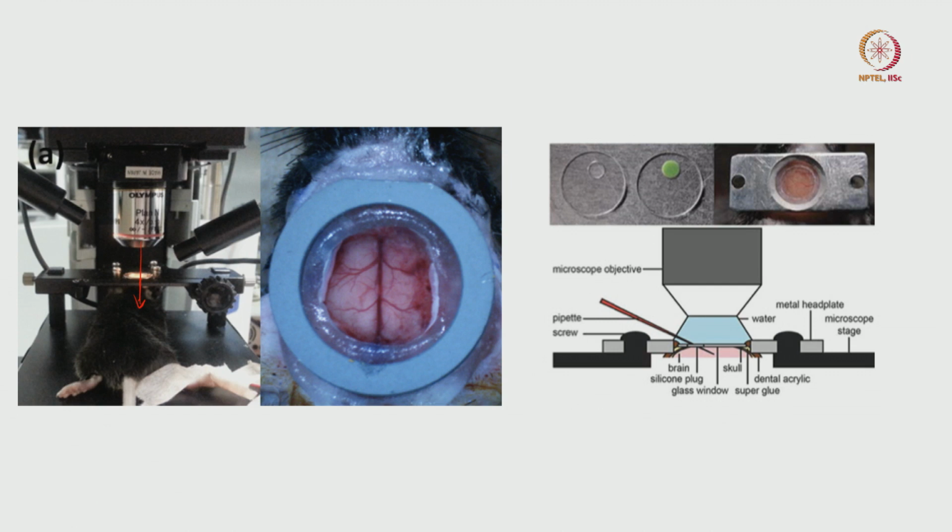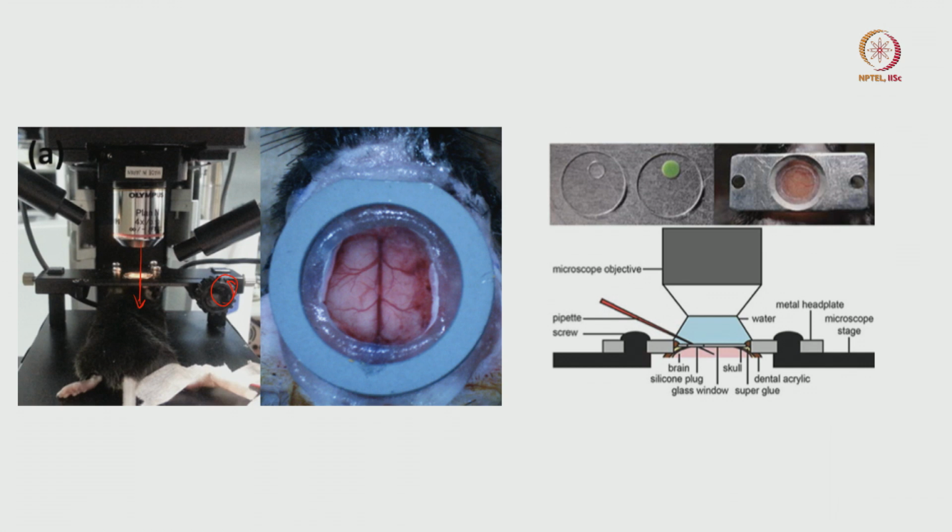So the rat is fixed, and this is a cranial stabilization system where the microscope can be used as the rat is performing various activity. Even that option is available. So that is the advantage.